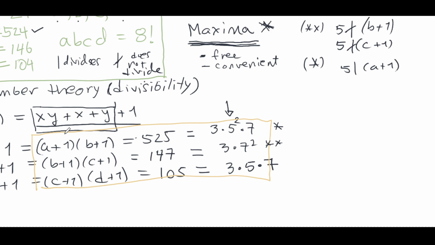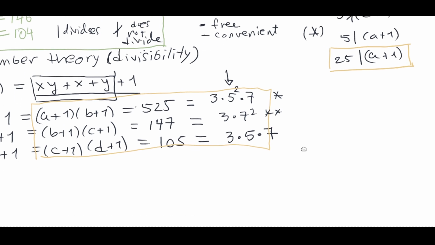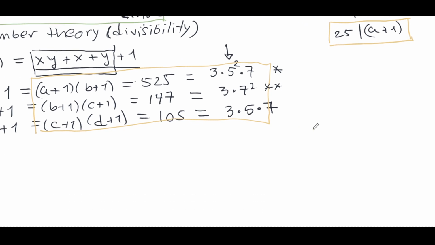And since the only place that has 5s is in A plus 1, all of this, 5 squared, 25, must divide A plus 1. 25 must divide A plus 1. So this is our first really big result, from which, with a little more thought, we will now be able to find the value of A.